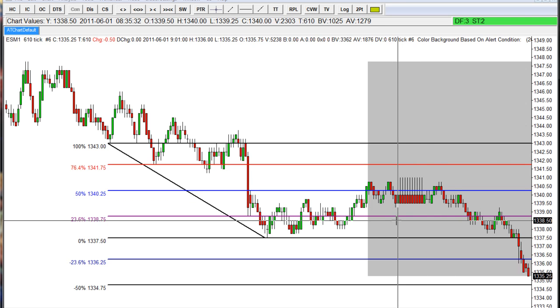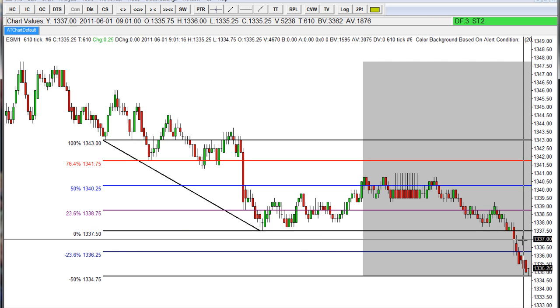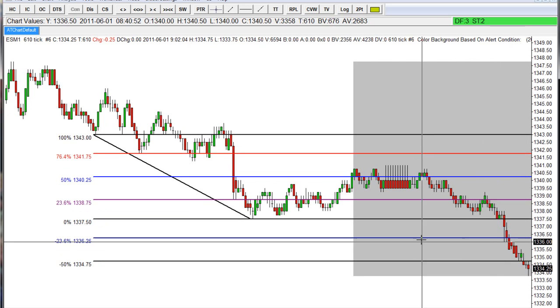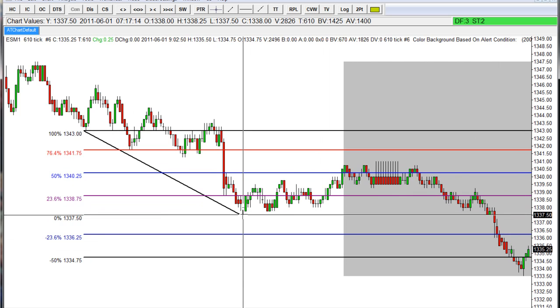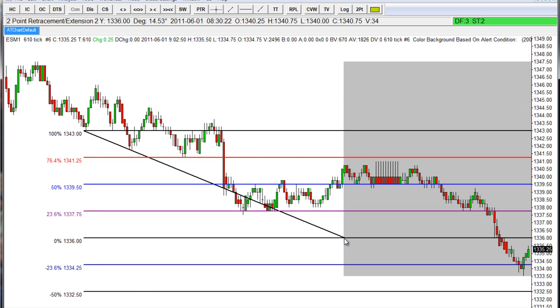Okay, so let me see, as time started progressing, as you can see, price went to the 50% level, then came down past the 0% line to a -23.6 and moved up, then continued to move down. Okay, so if I were moving my fib, I would have moved it here for the first time. This is where I moved it.